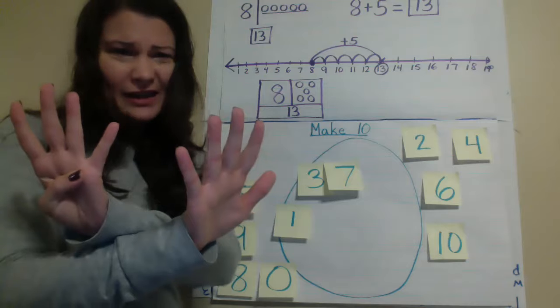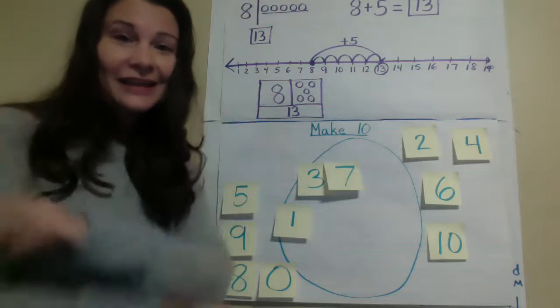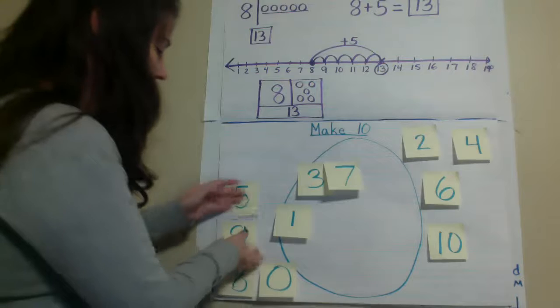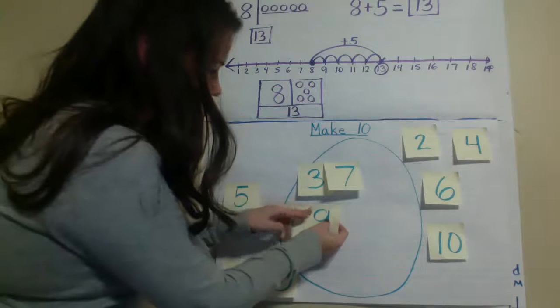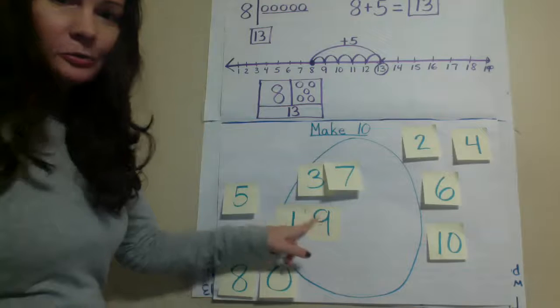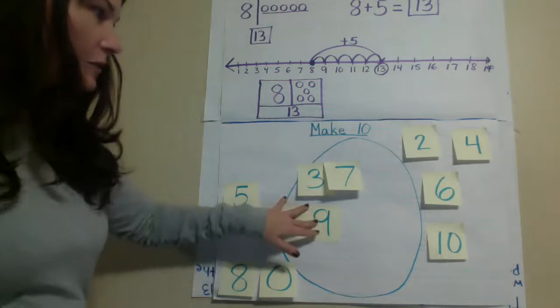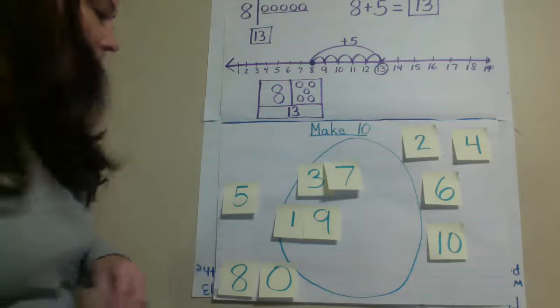How many more do I need? That's right. I need 9 because 1 plus 9 equals 10. And 9 plus 1 more also equals 10. You guys are rocking this.